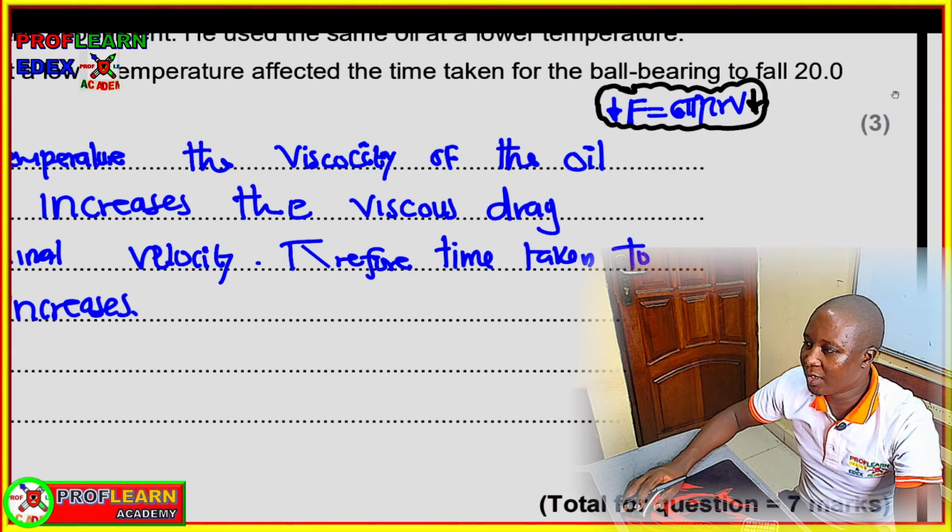So if viscous drag increases, also V is going to increase.